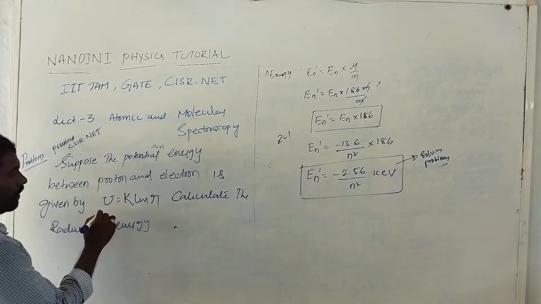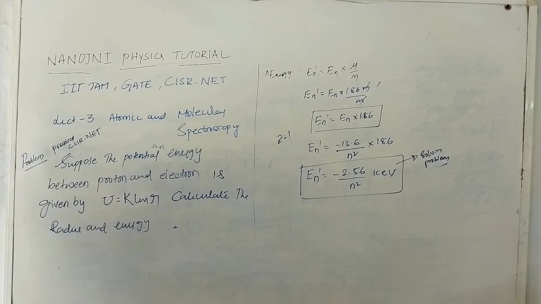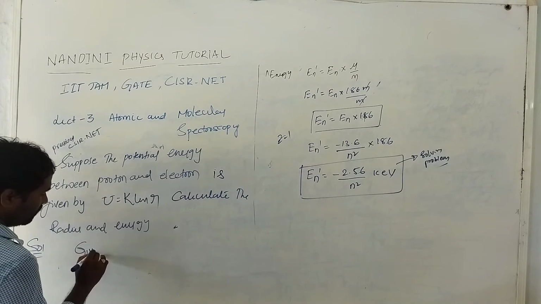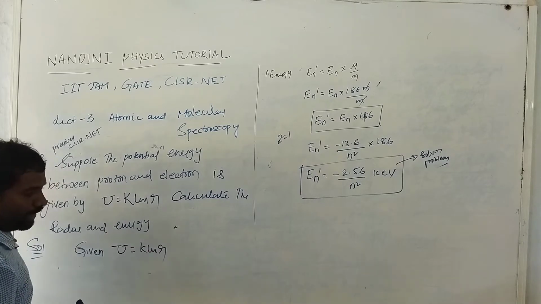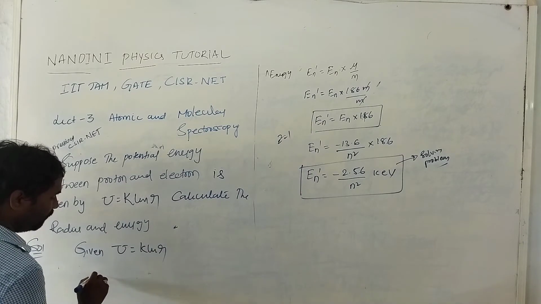So first of all, we want to find the force by using this potential energy. So solution: the given potential energy U is equal to K ln R. So what is the force?